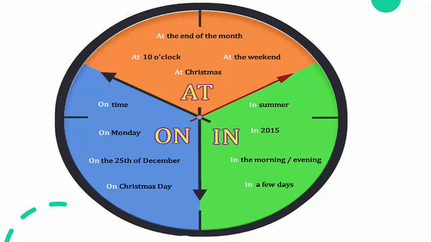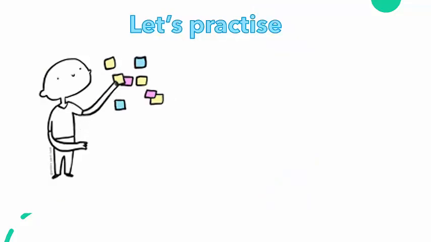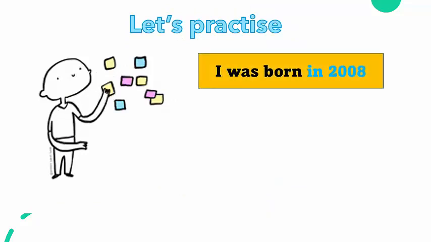Okay, and I think the best way to practice those prepositions together is to talk about your birthday. Let's give you an example. I can say, I was born in 2008. Now I use "in" before the year.